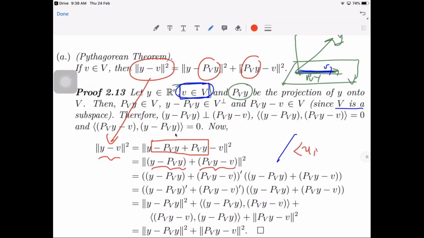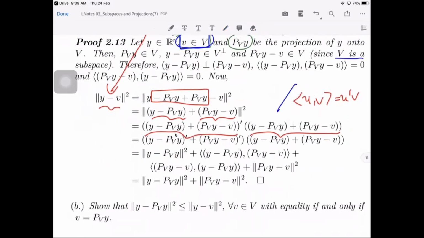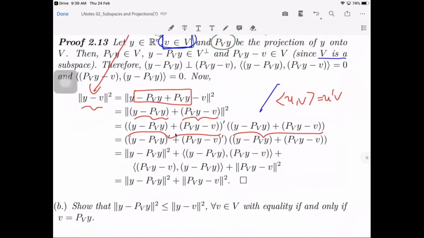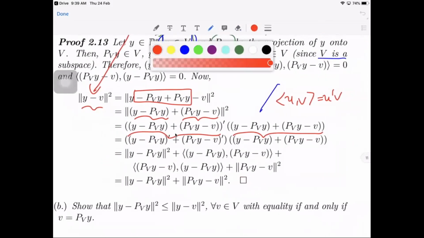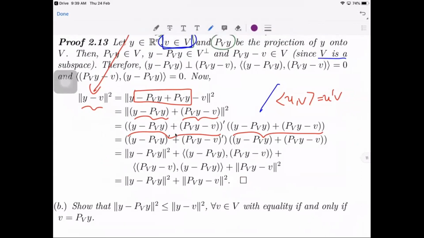Inner product UV is equal to U prime V. So this is your U prime, this is your V. And then application of primes. We have prime, prime. Again, A plus B prime is A prime plus B prime.